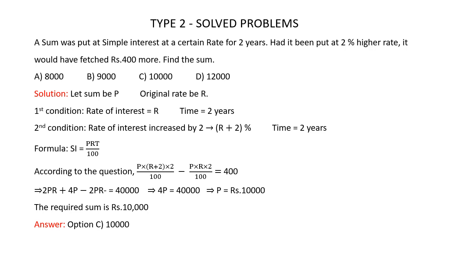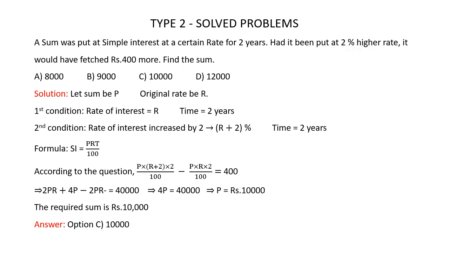Now in the second case, it's given that had it been put at 2% higher rate, it would have fetched rupees 400 more. So clearly here the sum and the time are the same. So for the second condition, also the sum would be P and time would be 2 years. Only there is a difference in the rate of interest.